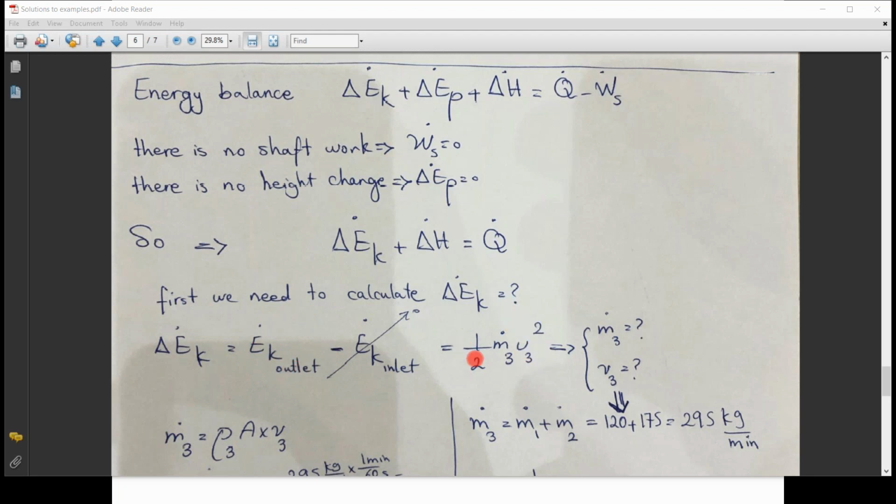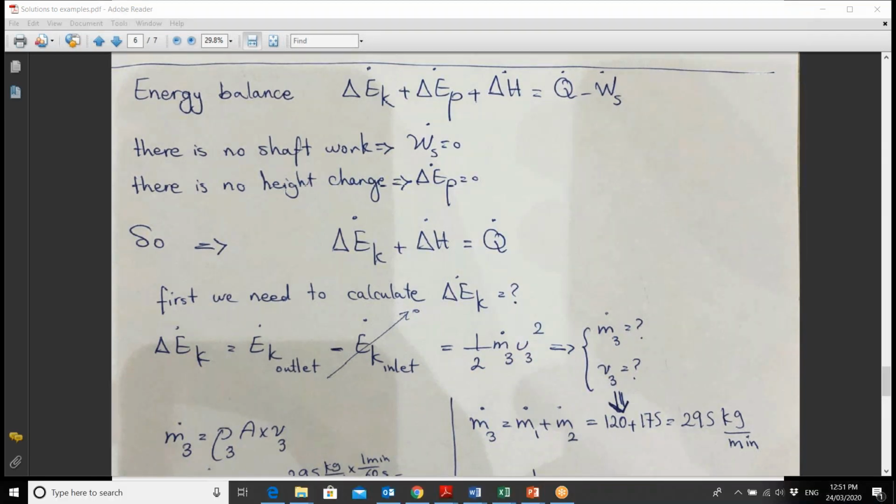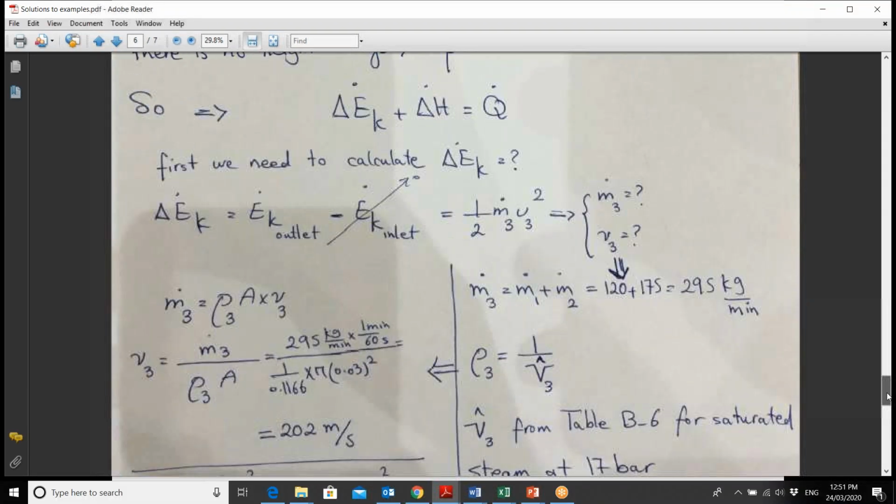That is a formula we know about the kinetic energy. I put 3 because we have 3 streams, 2 inlet streams and 1 outlet stream. Here, to be able to calculate this term, we don't have the mass flow rate at the outlet, and we don't have the velocity of the outlet. So these two terms should be calculated. We start with m dot first.